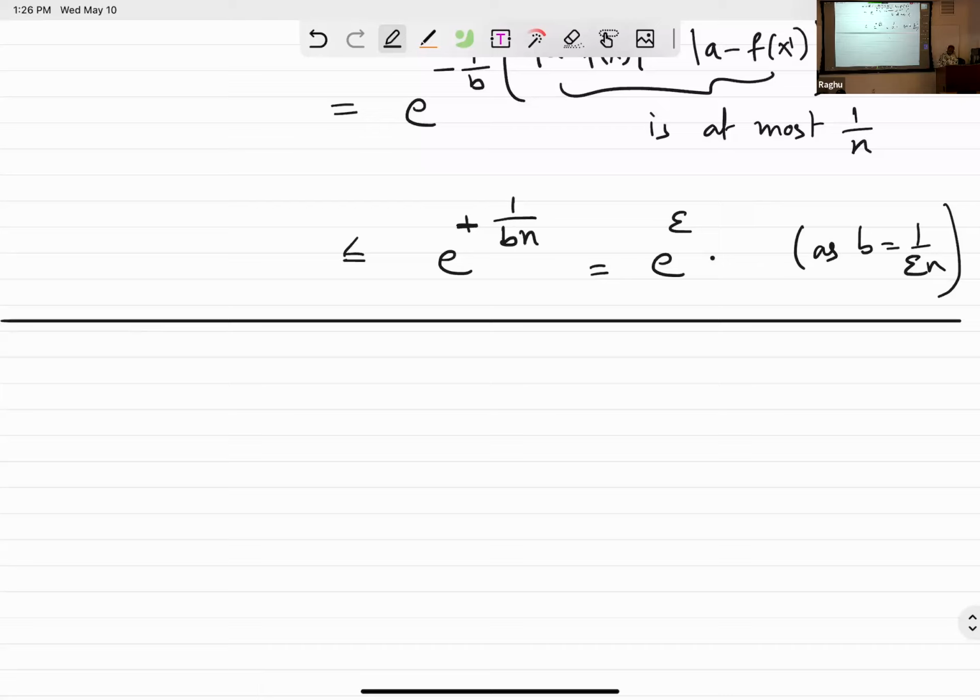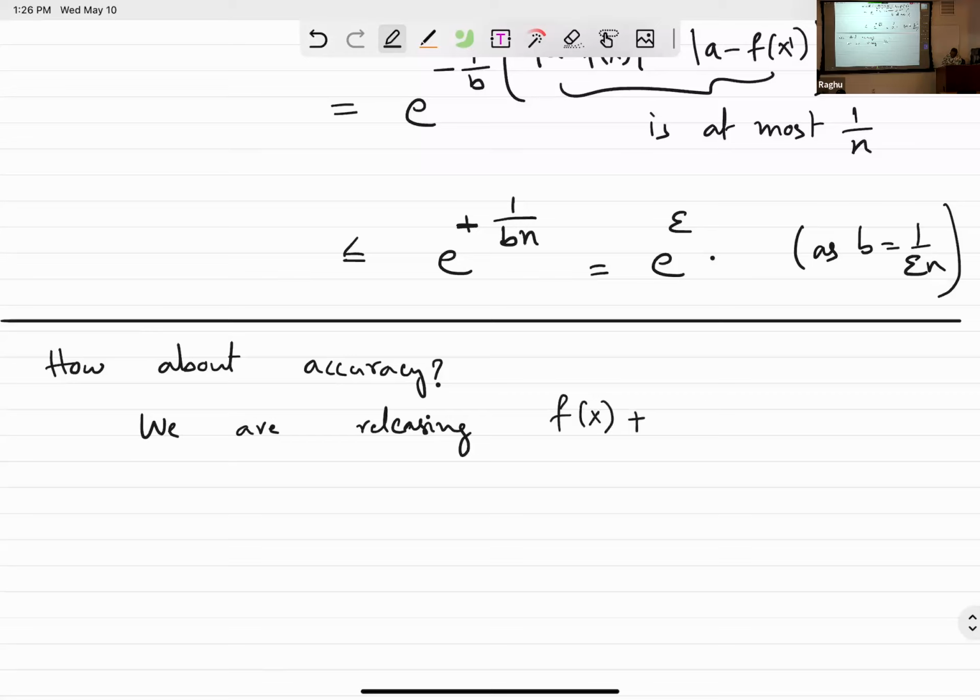So how about accuracy? Remember, we are releasing f of x plus z, where z is Laplacian. So we're adding some noise to the outcome.